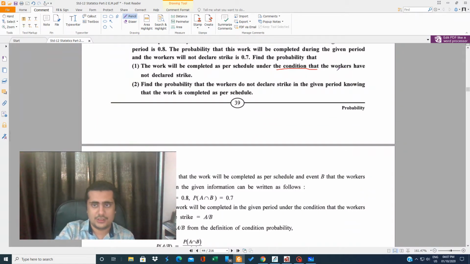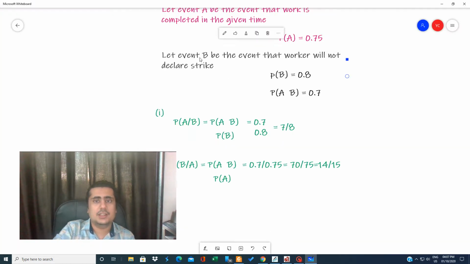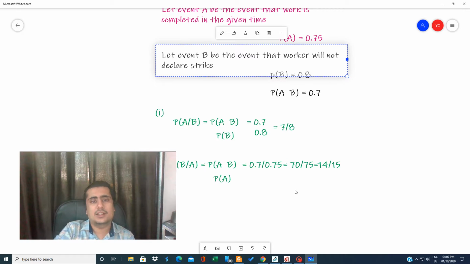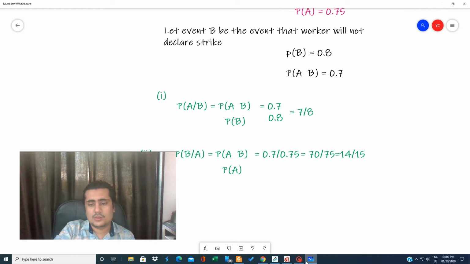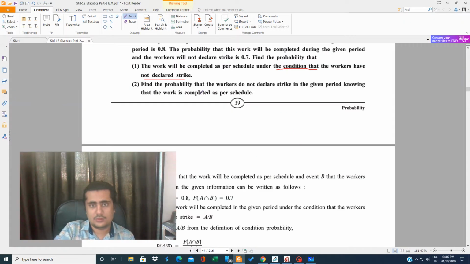After this condition that, the event is worker has not declared the strike. Now you have supposed event B as worker has not declared the strike. So event B is following the keyword. Okay, so this is event B.